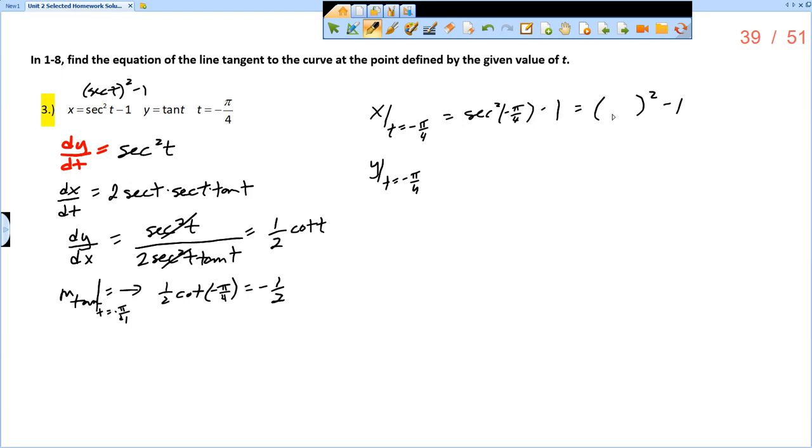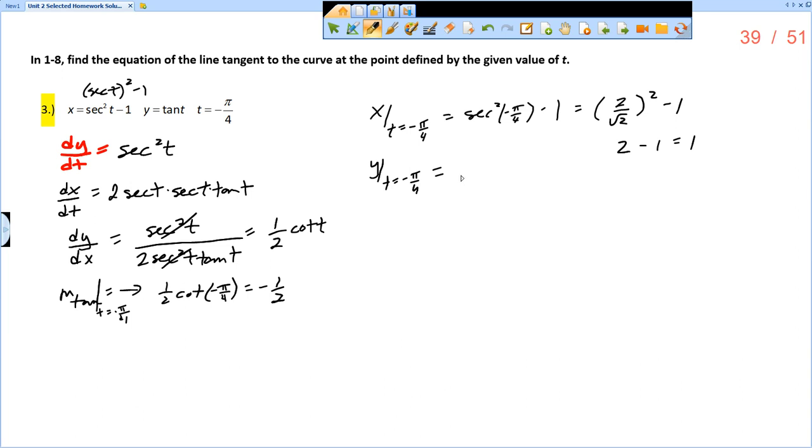Secant is the reciprocal of cosine, and cosine at negative pi over 4 is positive root 2 over 2. So this would be 2 over root 2. And then I'm going to square this, so it'd be 4 over 2, which is 2, minus 1. So I get an x value of 1.